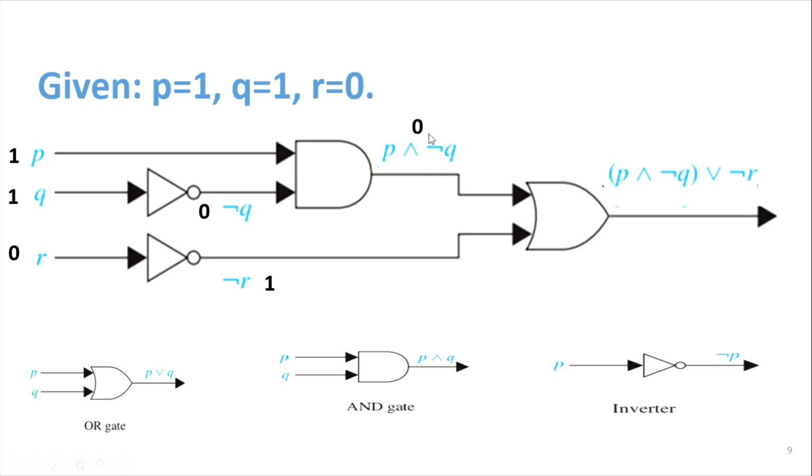It is off. And for the last gate, we have 0 or 1, so it is OR. If one of the signals is 1, the output is 1. So we have an output here. It is on.